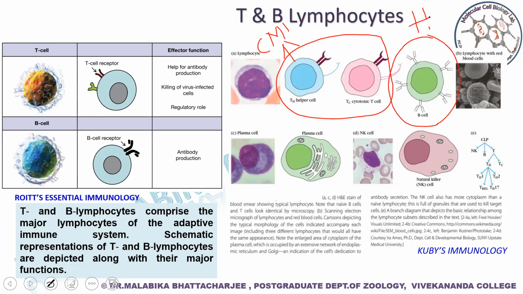So broadly, once more: immune system, innate immunity, adaptive immunity. Adaptive immunity comprises the cell-mediated immunity and the humoral immunity. Further, last day when we were talking about the lymphocytes, I had said that the lymphocytes can recognize foreign epitopes, foreign molecules or the antigens via certain particular receptors.